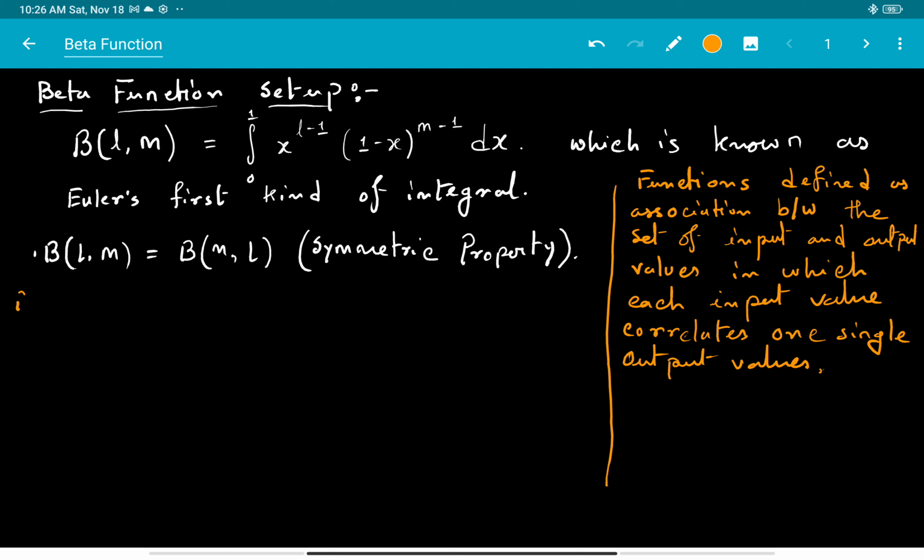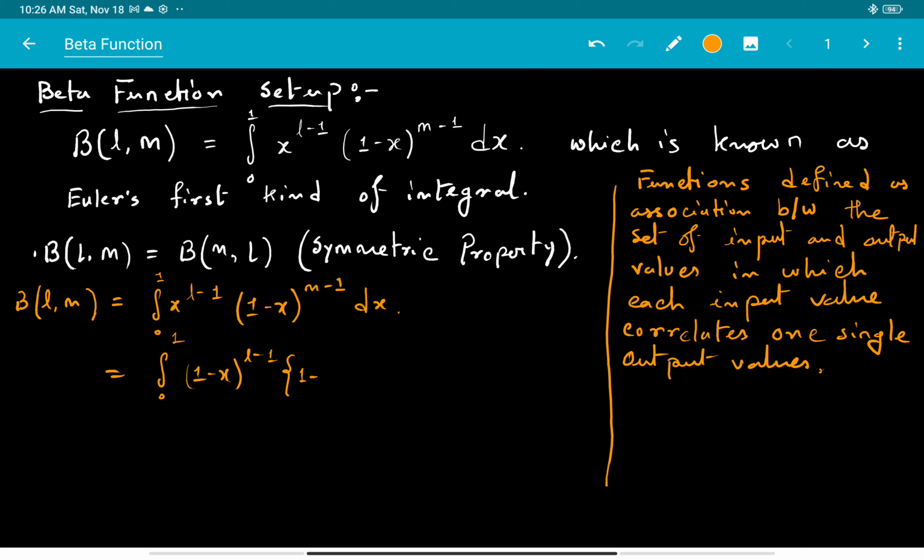As beta L comma m is equal to the integral from 0 to 1 of x to the power L minus 1 times 1 minus x raised to m minus 1 dx, we can write this as the integral from 0 to 1 of 1 minus x to the power L minus 1 times 1 minus (1 minus x) raised to the power m minus 1 dx.